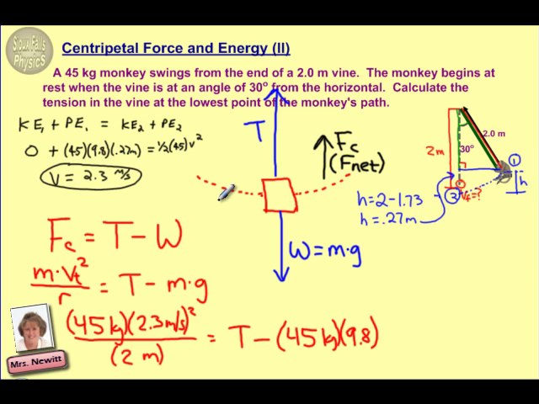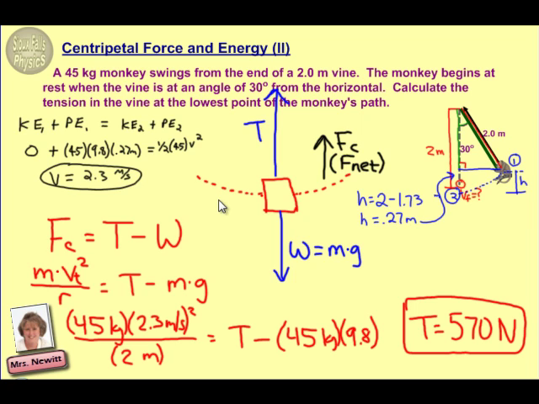And finally, we come up with a value for tension of 570 newtons. That would be enough tension to both support the weight of the monkey and also supply the extra force needed to cause that monkey to travel in a circular path.